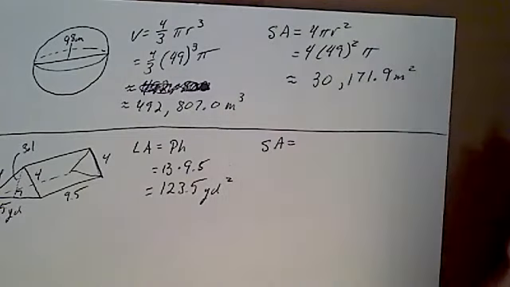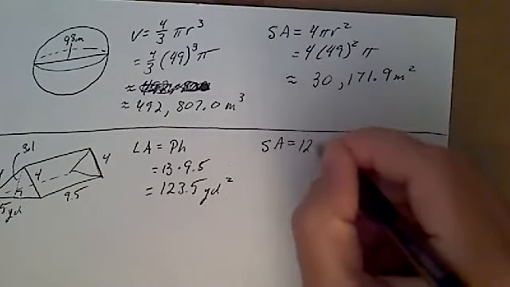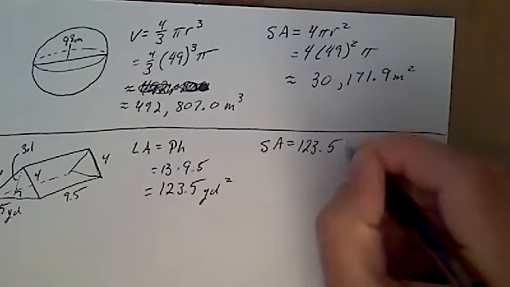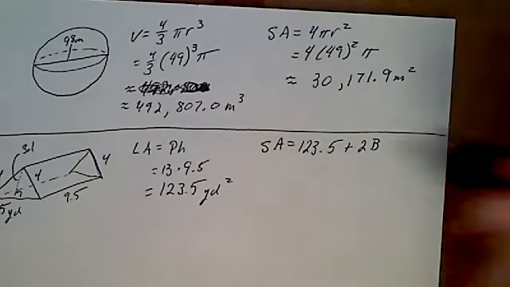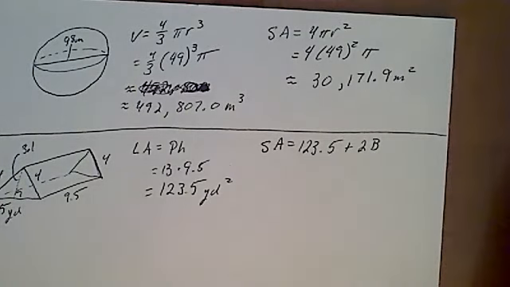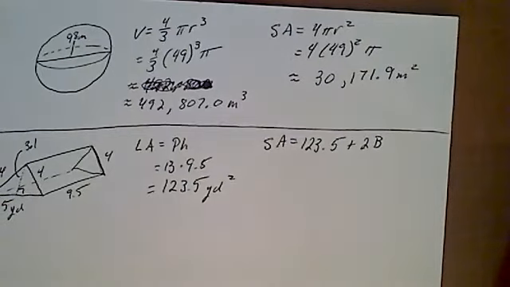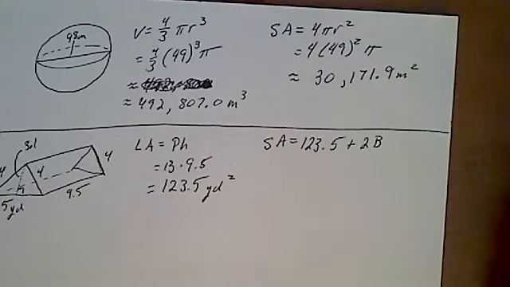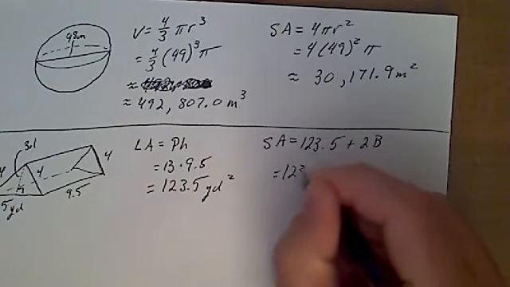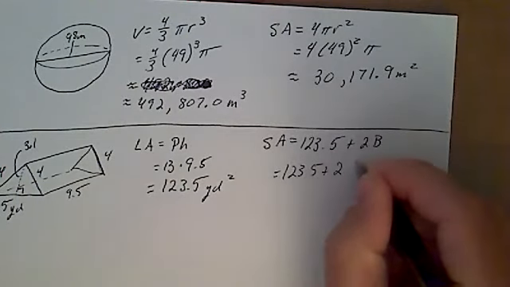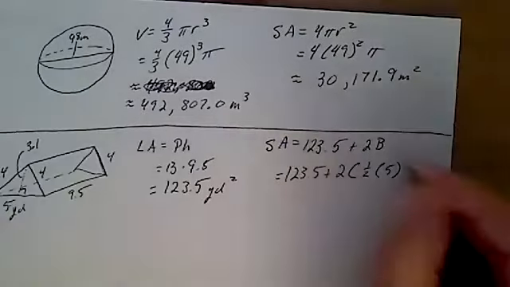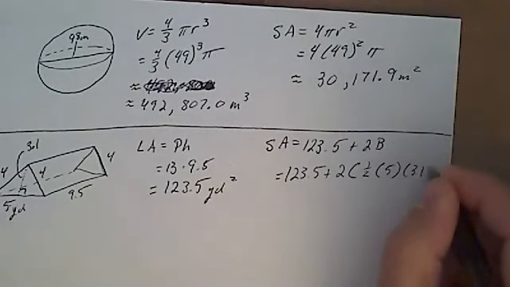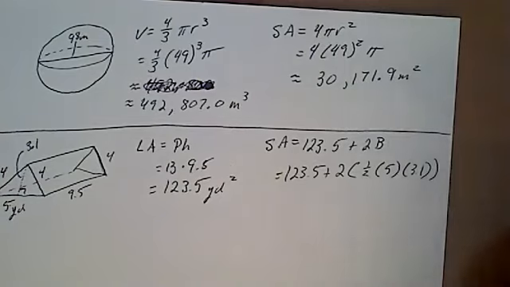If we asked for surface area, it's going to be that lateral area 123.5 plus 2 times the area of the bases. The bases are triangles, right? So that's 1/2 the base times the height. 123.5 plus 2 times 1/2 the base of the triangle, which is 5, times the height, that is that altitude that it gives you.